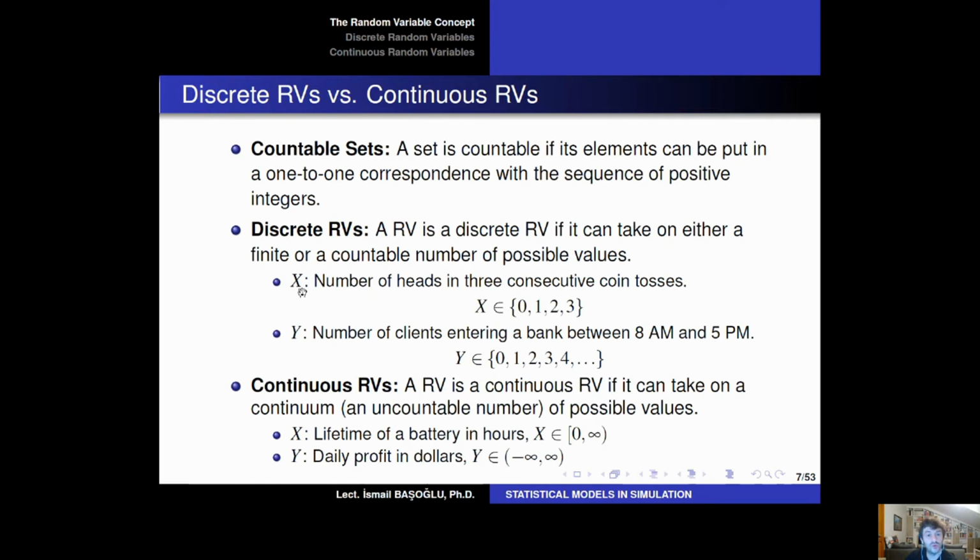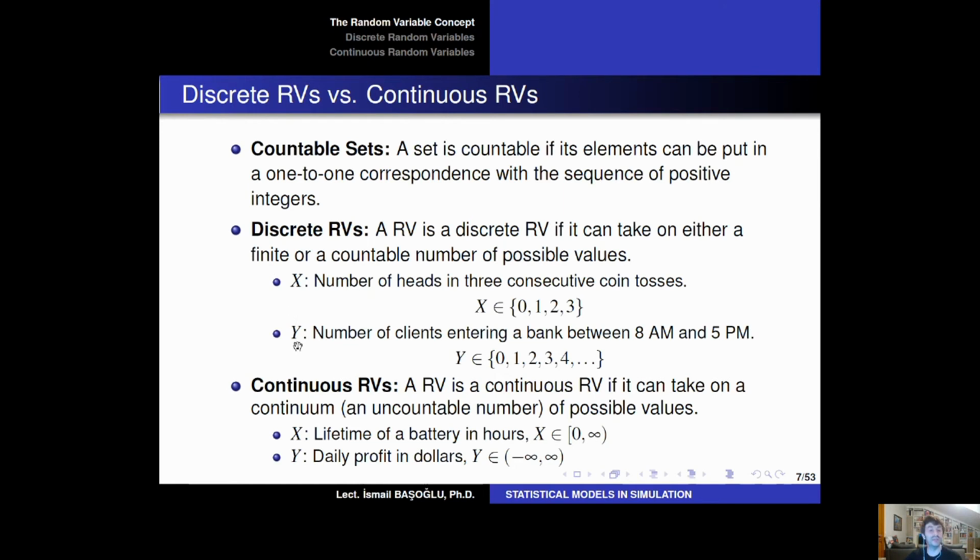What are the possible values of x here? In 3 consecutive coin tosses, the number of heads can be either 0 if you get 3 tails, or 1, or 2, or 3 if you get 3 heads, right? So there are 4 possible values that it can take. So the random variable x here can take on a finite number of possible values.